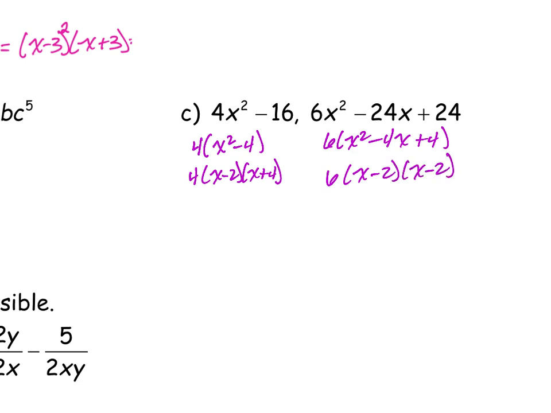Okay. So the smallest number that both 4 and 6 go into is 12. So there's got to be a 12 in there. And then I'm going to have x minus 2 and x plus 4. What else does my common denominator need that this one has? Well, another x minus 2. So there's my common denominator.